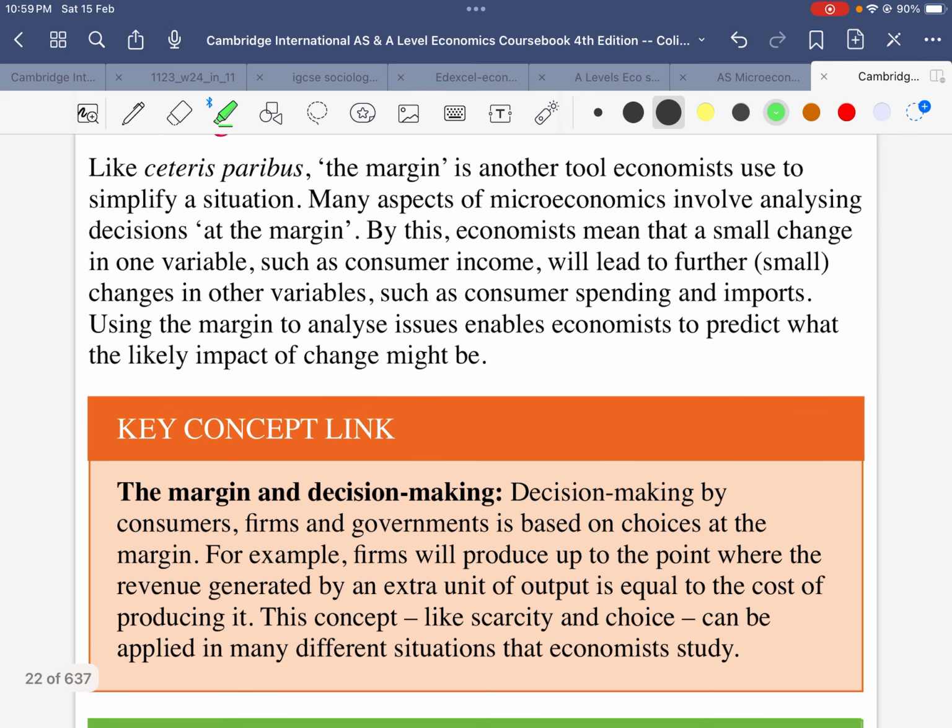The economist means a small change in one variable, such as income, will lead to further small changes in other variables such as consumer spending, imports, etc. We use margin to analyze issues, which enables economists to predict the likely impact of a change, that is, by changing one variable, how will it impact the other variable. It means cause and effect, right?